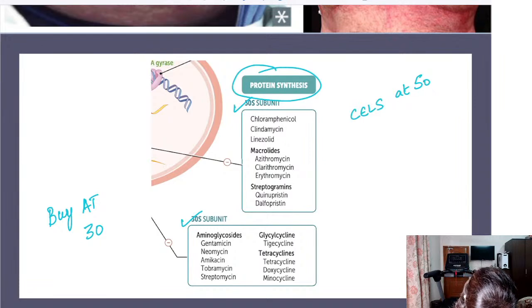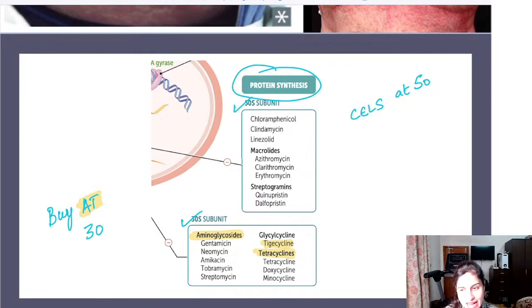तो इसमें आपको what you need to know is AT. ठीक है, A stands for aminoglycosides, T stands for tetracyclines and your tigecycline. ठीक है, so this is by at 30.